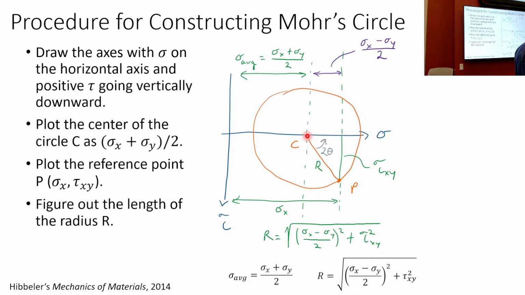Let's say it's about here. We're right about there. And then we can figure out what the new state of stress is. That new location will describe a sigma x prime and a tau x prime y prime. And that is the power of Mohr's circle, or part of the power of Mohr's circle.